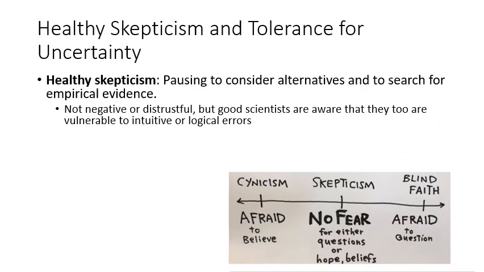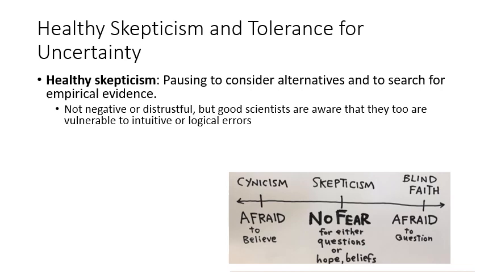Now we'll think just for a moment about these two ideas addressed in your text of healthy skepticism and tolerance for uncertainty. So skepticism, it just means that you don't believe everything you hear. And so healthy skepticism is just being open, not being distrustful, but pausing to consider alternatives and to search for empirical evidence.